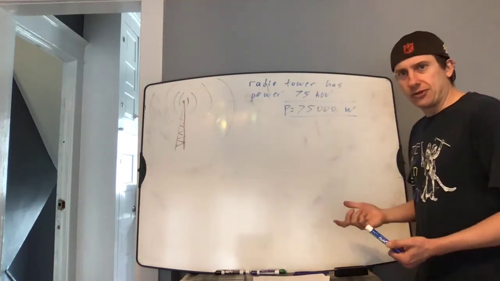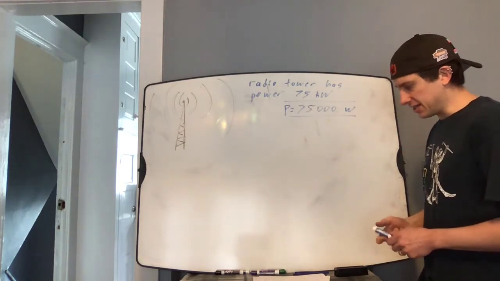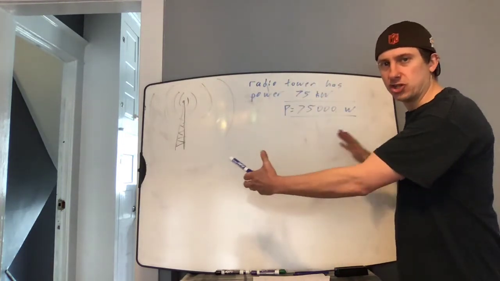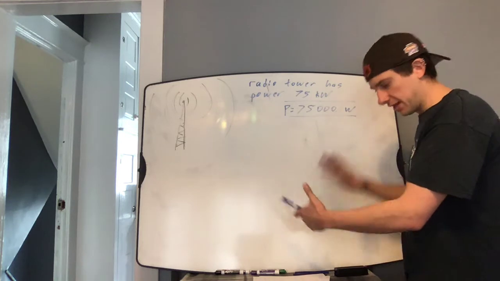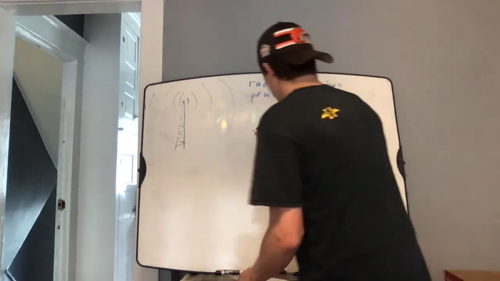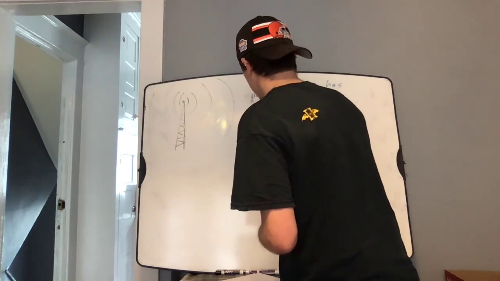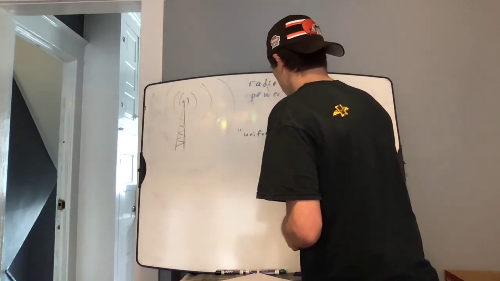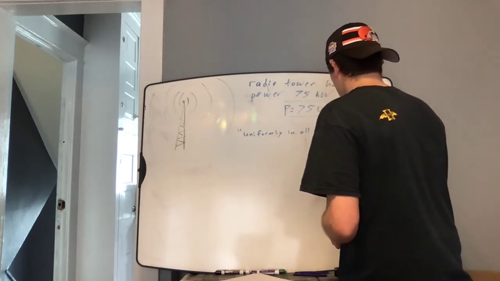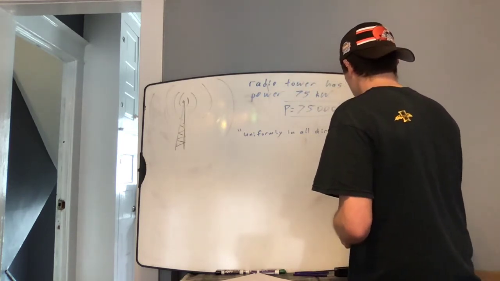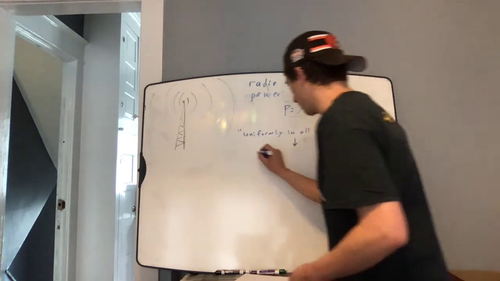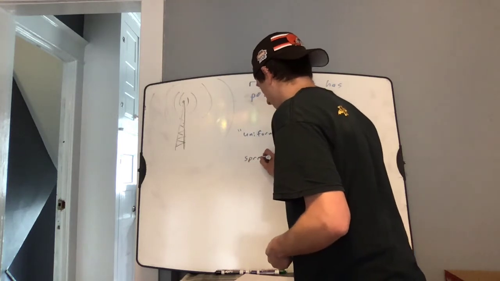Now, uniformly in every direction, as I said, means that the waves coming from the tower are spreading out in the shape of larger and larger concentric spheres. In all directions basically means spread out in a spherical pattern.